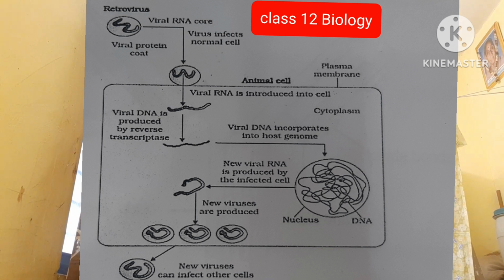As it becomes DNA, it can easily incorporate into the host genome. It crosses into the nucleus, goes to the DNA of the host and gets incorporated into that host DNA. And then it takes command of the whole cell and asks the cell to produce new virus.